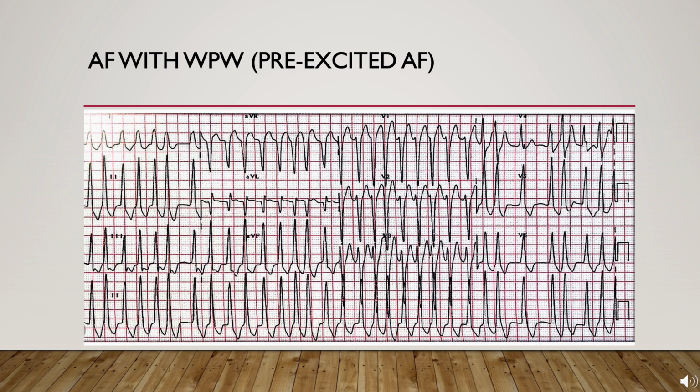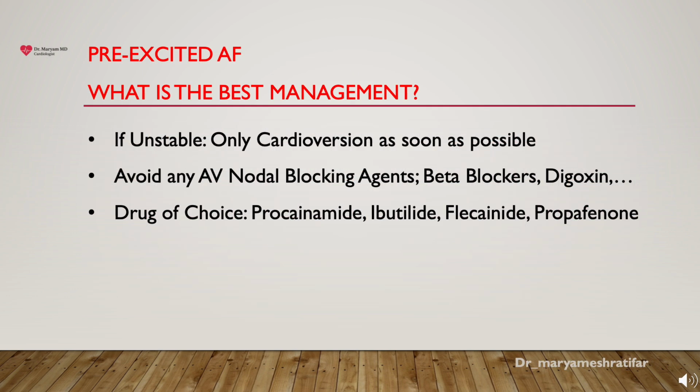Depending on the degree of conduction through this accessory pathway, QRS complexes with varying morphologies may be seen. Occasionally, a delta wave may also be visible on this ECG, which can further support this diagnosis. Considering all these points, the most likely diagnosis in this case is pre-excited atrial fibrillation.